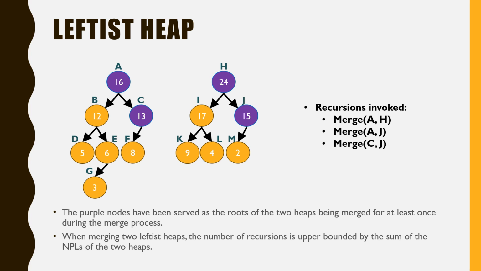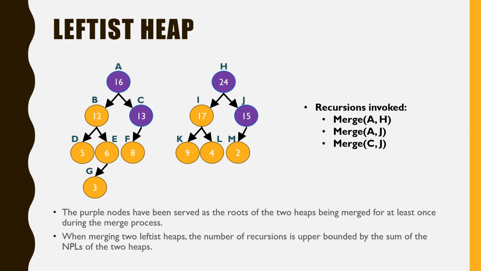The nodes involved in these recursive calls are marked purple in their respective heaps. Observe that the nodes involved in the recursive calls follow the rightmost path. This is because the merge procedure always attempts to merge the right subtree of one heap with the other heap.